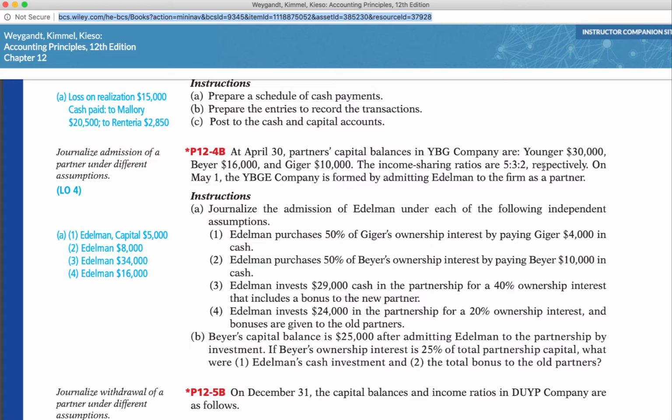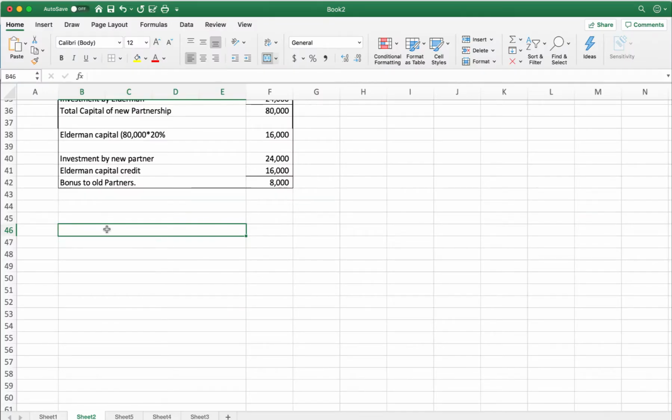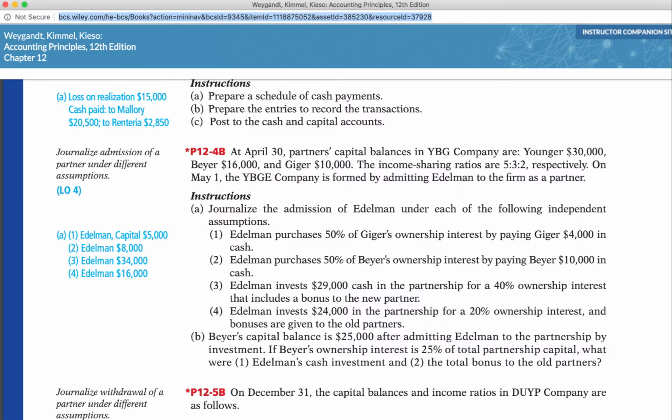Okay, so before I do that, I want to take some information that we need here and plug it into my spreadsheet. The first thing we need to recognize is what's going on. Bayer's capital balance is 25 grand after admitting Elderman to the partnership.